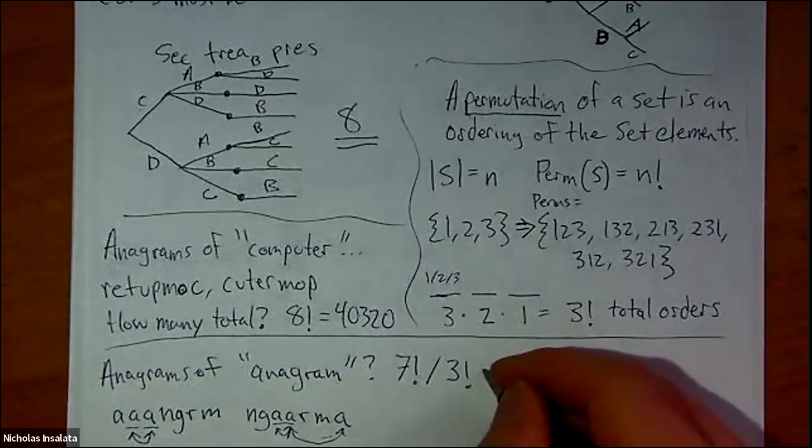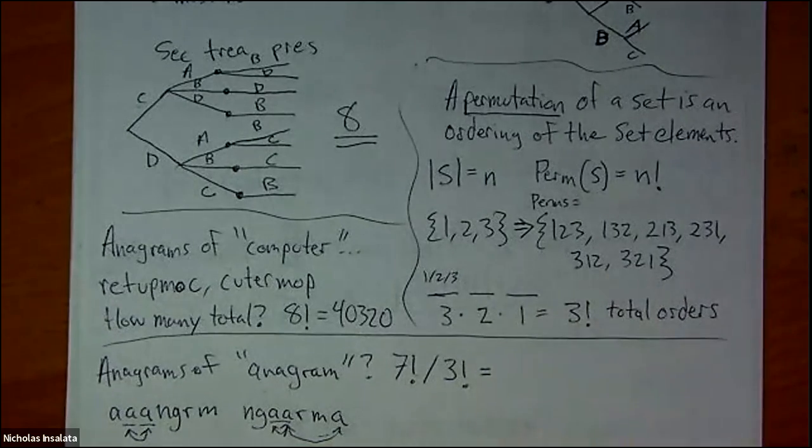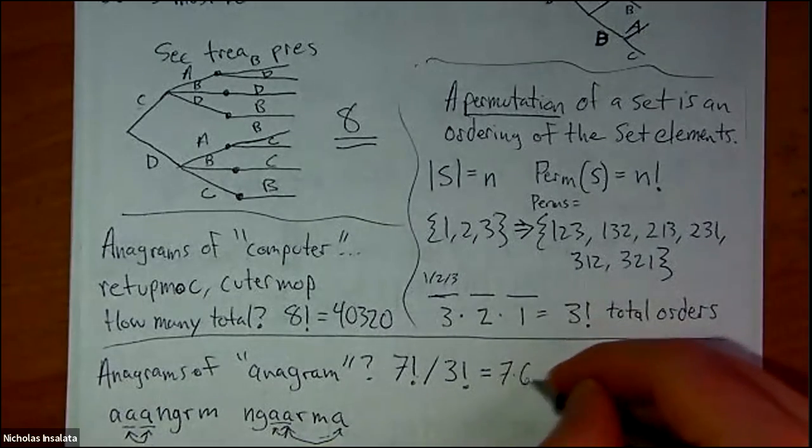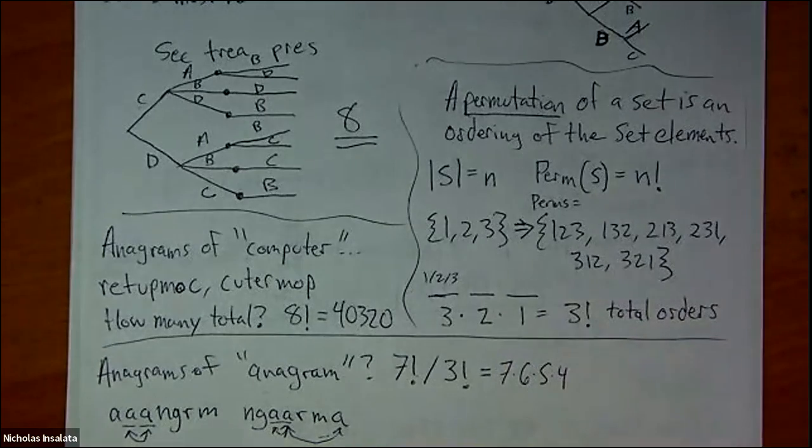So this particular example would be 7 times 6 times 5 times 4, 20 times 42 makes, I don't know. My brain's not completely working today. That's 20 times 42.